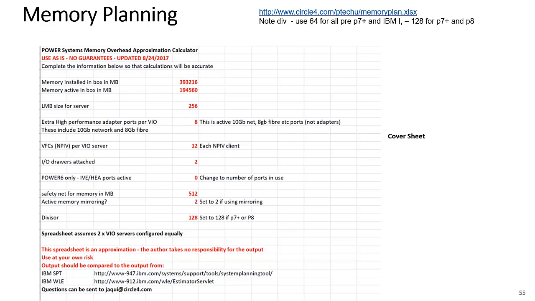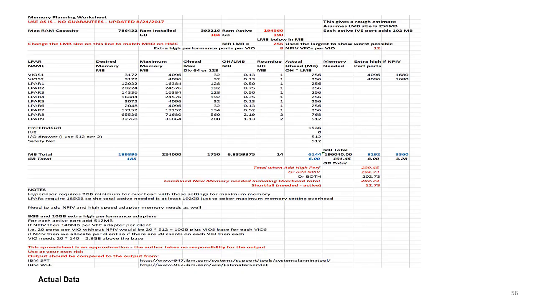And then it does a calculation, and it basically tells me how much memory I really need. So if I look at this, I had 384 gig and I was going to activate 190 because my desired came to 185. But actually, when I add in the overhead for the high performance ports and NPIV, plus the overhead for IO drawers and the hypervisor itself, which is at least 1.5 gig, and my safety net, I actually need closer to 203 gig.